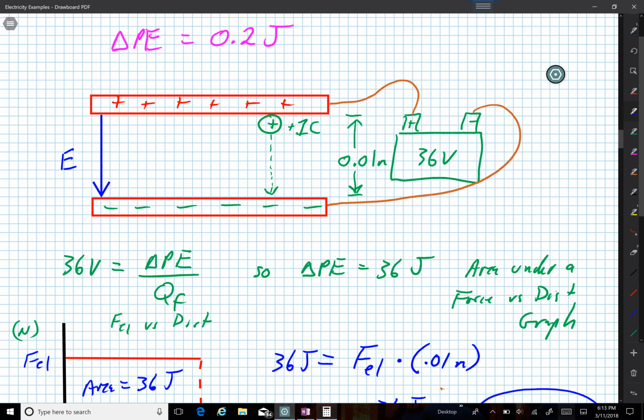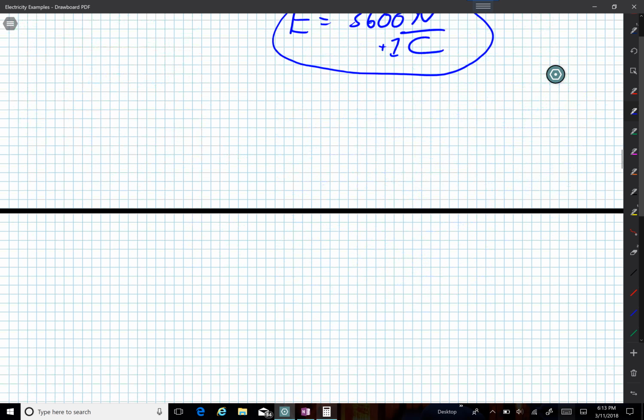Now, let's go back. No, we won't go back. We'll just carry forward. How about that?